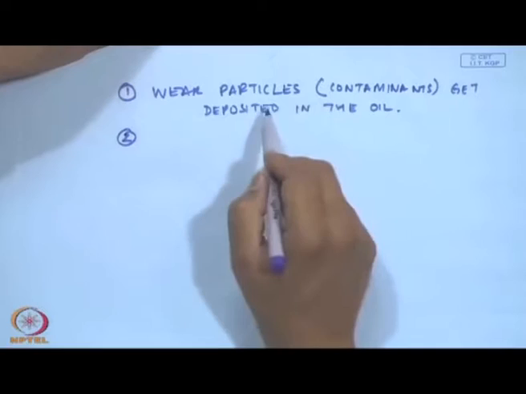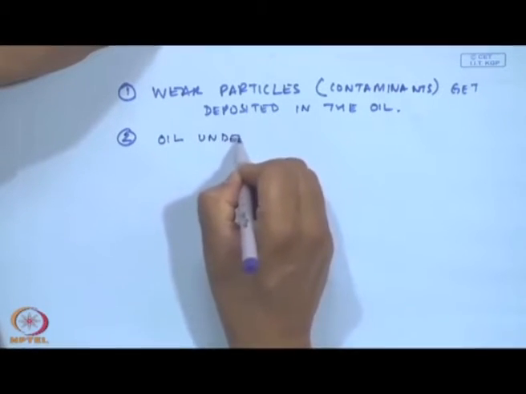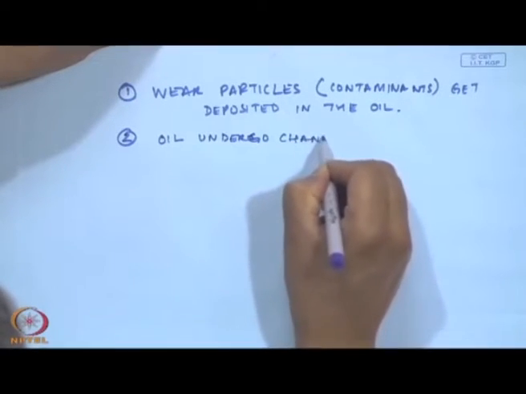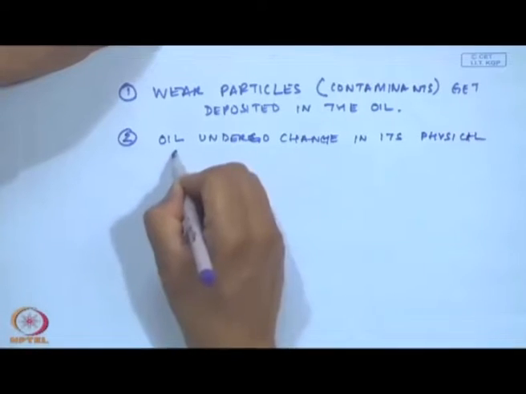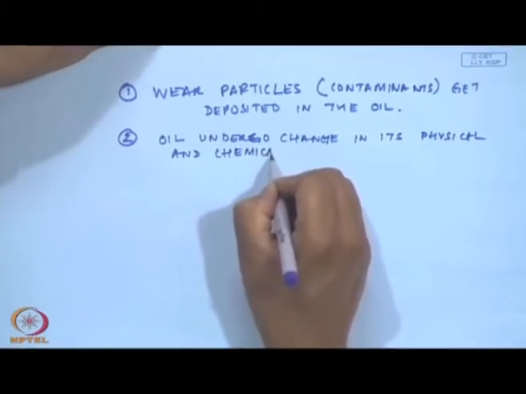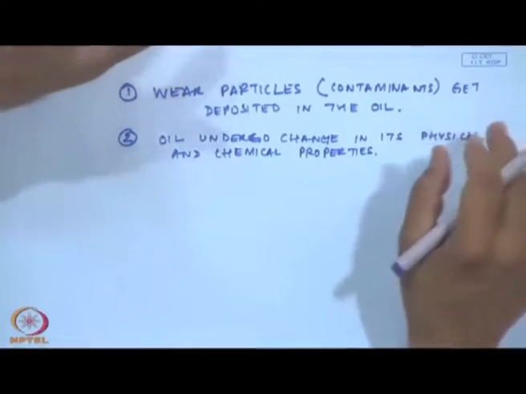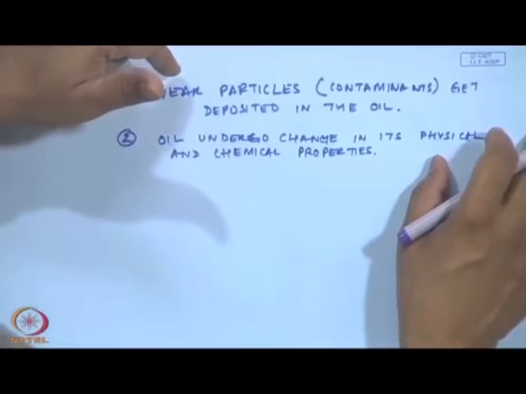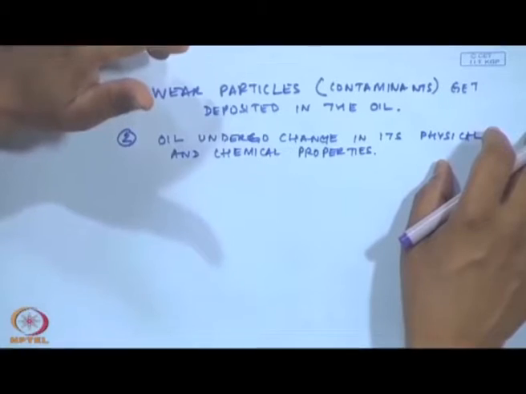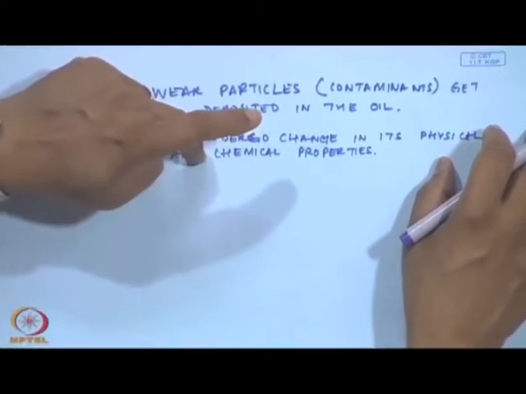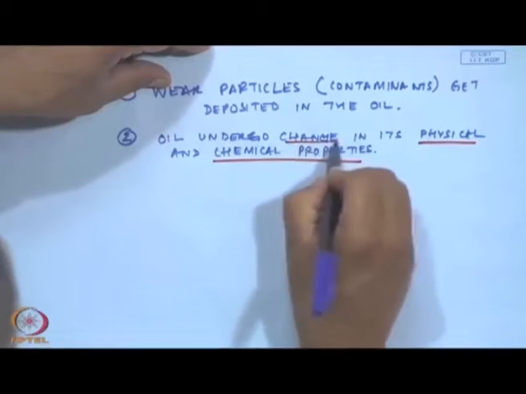The next thing that happens, of course, is that once these wear particles get deposited in the oil, the oil will undergo a change in its physical and chemical properties, because the virgin oil, by which I mean the oil which was new and has not been used in a machine, has certain physical properties like its density, its viscosity, its oxidation number, etc. So, once these contaminants get deposited in the oil, its properties are going to change.